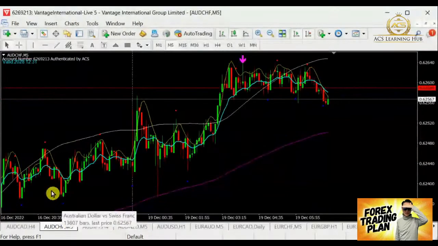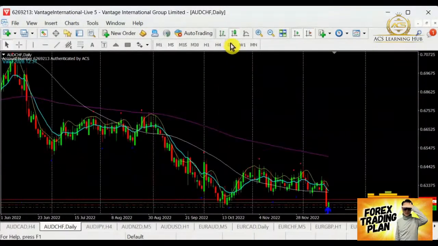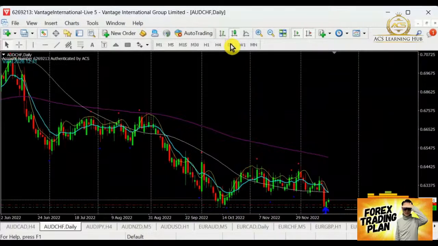So I'm going to take a look at this Aussie franc. Aussie franc over here. Seems like it's also here. We are taking a look at this: will it actually start to get a good swing down at this point here?